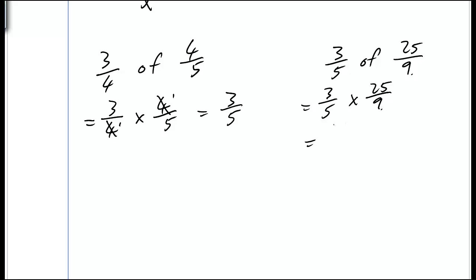And that will give you, let's cancel. 5 goes into 25 5 times. 3 goes into 9 3 times. So it'll give you 5 over 3. If you want to write it as a mixed numeral, that will be 1 and 2 over 3. Okay? So what I want you to have a go at now is number 2.